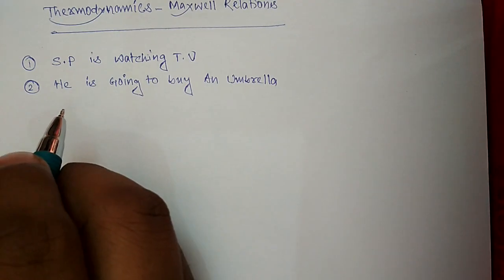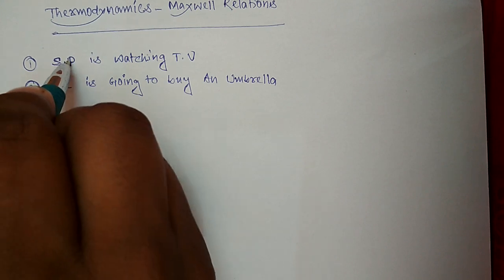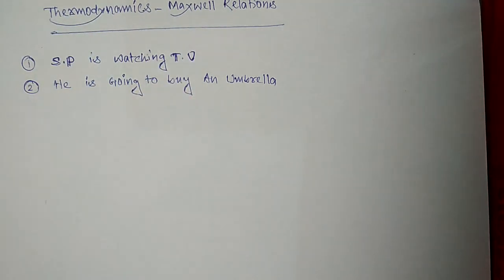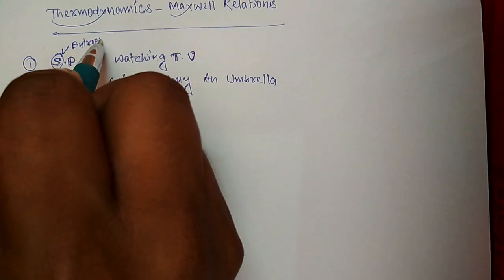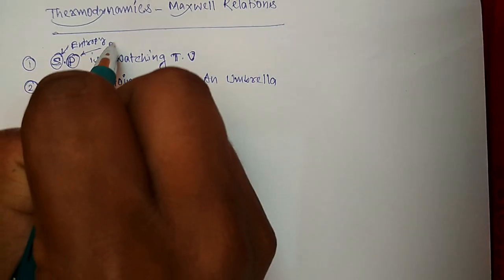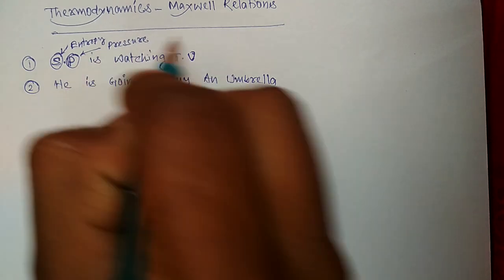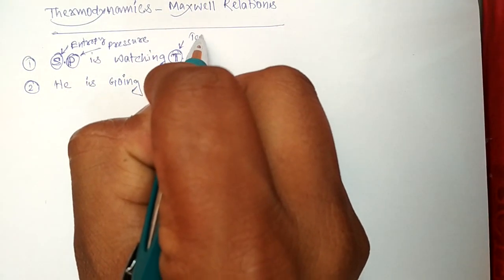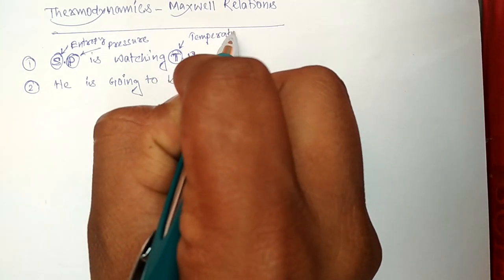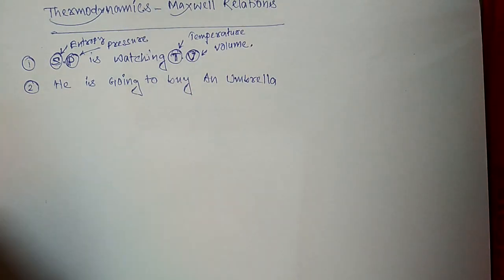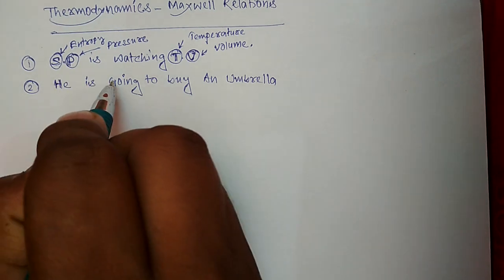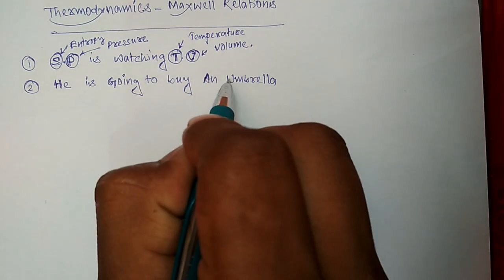In the first sentence, there are S, P, T and V. These four are thermodynamic properties. S is for entropy, P for pressure, T for temperature, and V for volume.